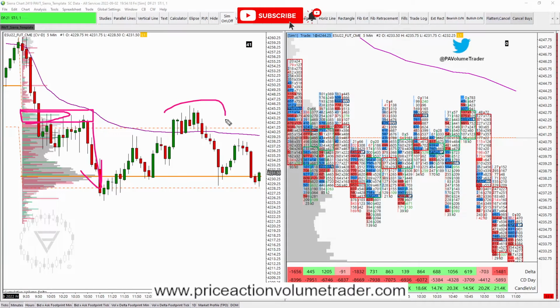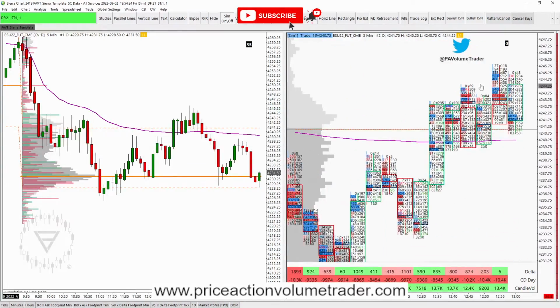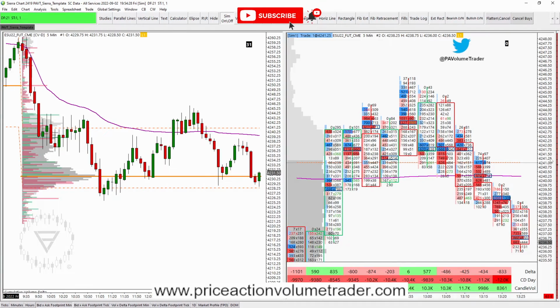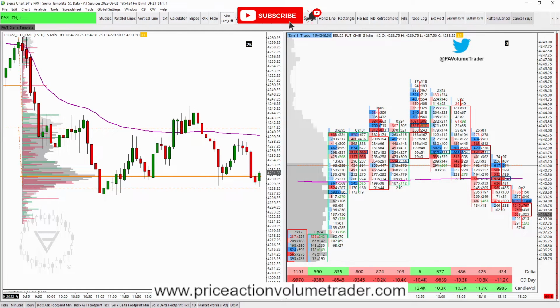And now let's see what happens here when we come back. Well, when market comes back over here, which is right here, we can see the same scenario unfolding. And I'm going to mark this here.